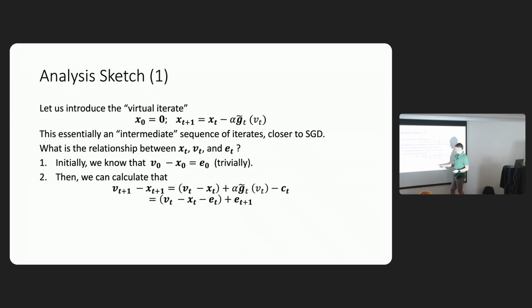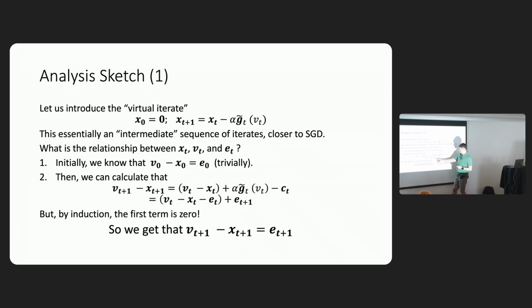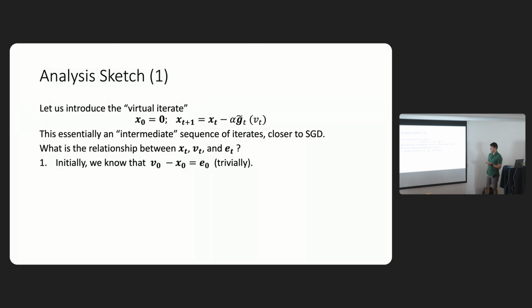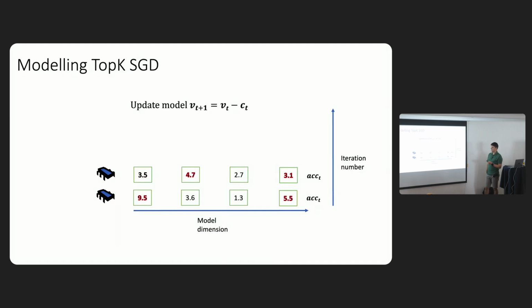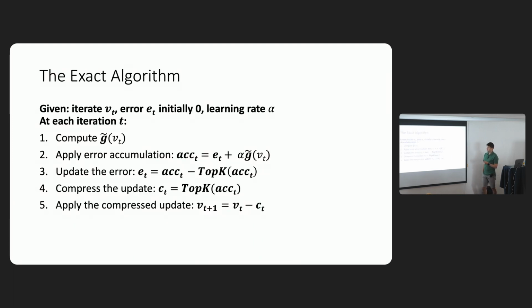So the first term is 0, and we're left with the second term, because this happens by induction. So what we get is that vt plus 1 minus xt plus 1 is et plus 1. Okay? Yeah. ct is the actual update that's being applied. So ct is actually the top k of the accumulator. Okay.